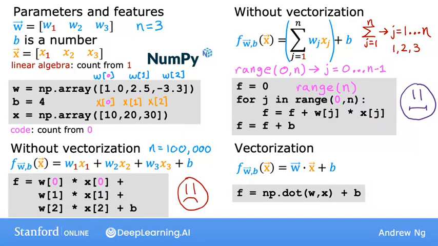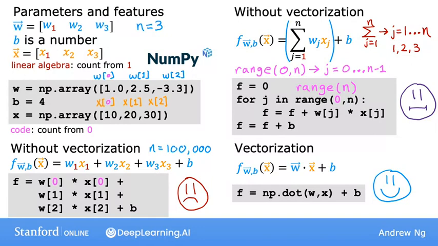And this implements the mathematical dot product between the vectors w and x. And then finally, you can add b to it at the end. This NumPy dot function is a vectorized implementation of the dot product operation between two vectors, and especially when n is large, this will run much faster than the two previous code examples.